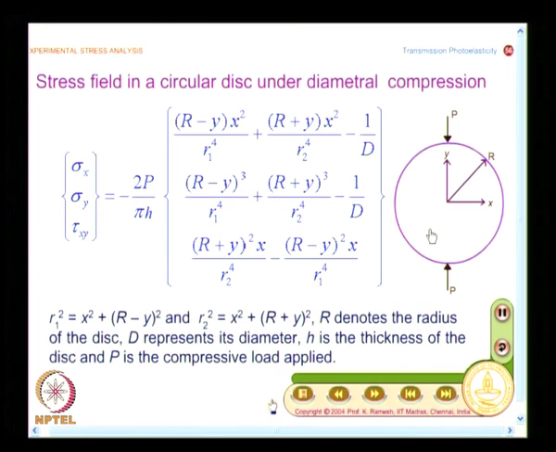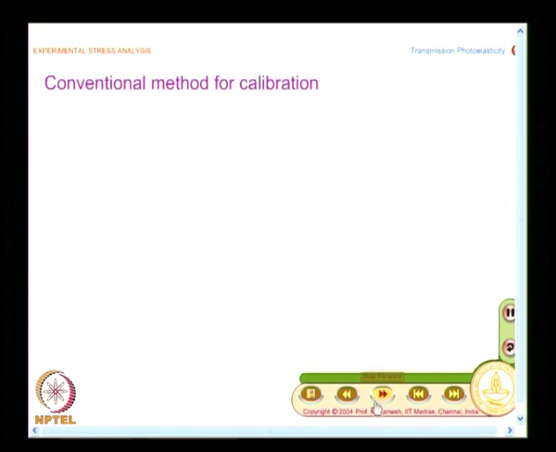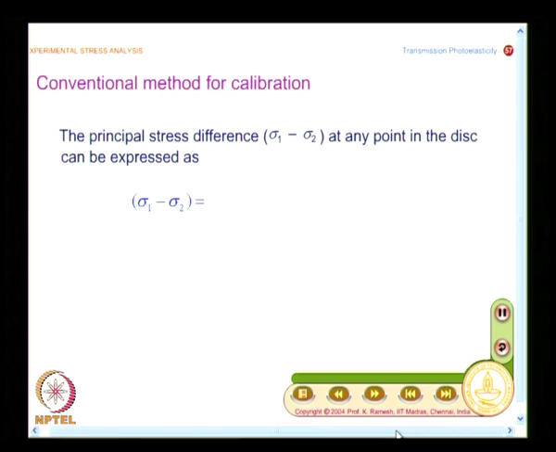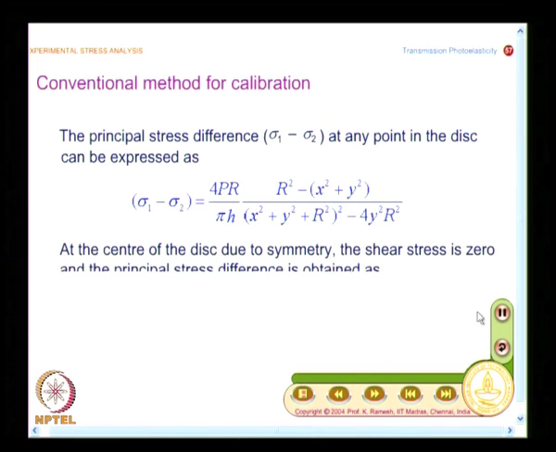And what I said in the last class was to find out, from these expressions, the value of sigma 1 minus sigma 2. In fact, what we want is the principal stress difference, and since I have the expressions for sigma x, sigma y and tau xy, it is simple for me to find out the expression for sigma 1 minus sigma 2.